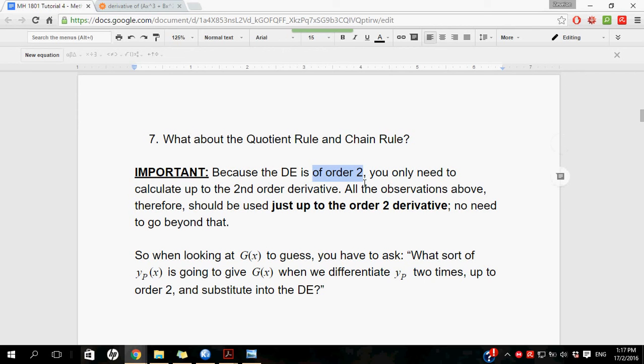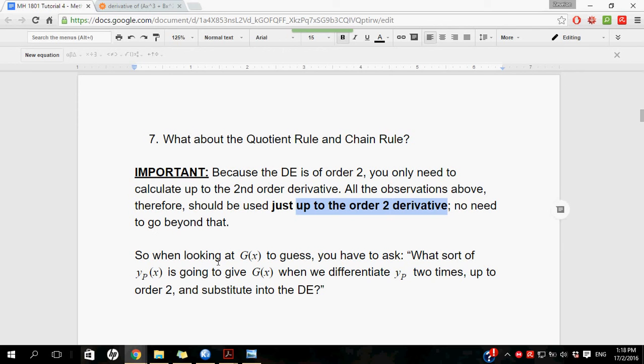Therefore, we just need to calculate derivatives up to the second order. We don't need to go any further than that. And therefore, for all our observations, we just need to make them up to the second order derivative. There's no need to go beyond that.